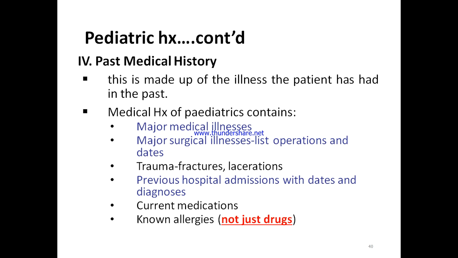It's a very important part of these components of pediatric history, especially whether the child had a history of previous medical illness, or surgery, or trauma, fracture, or laceration, and previous hospital admissions with dates and diagnosis. Very important in pediatric history.